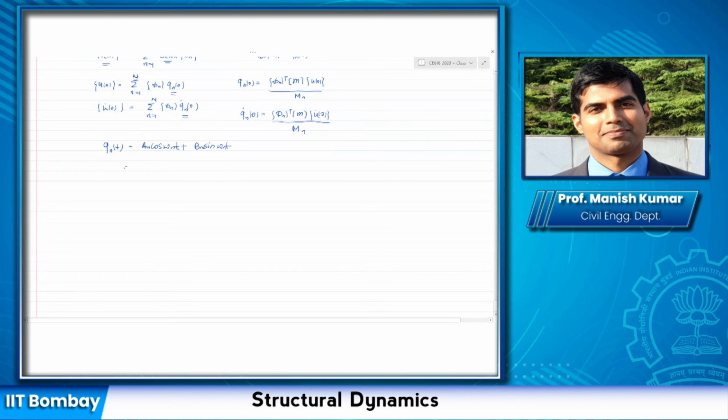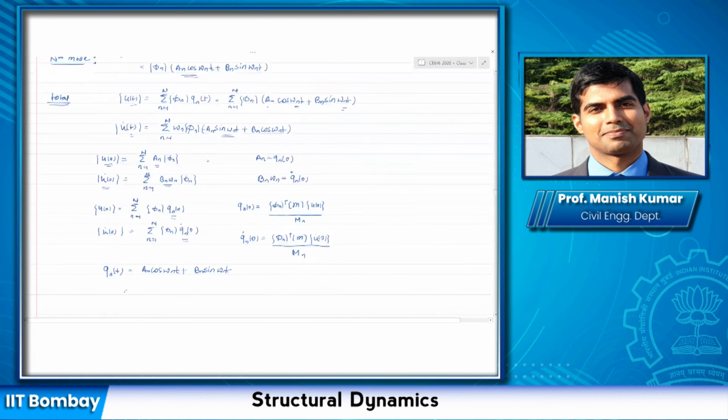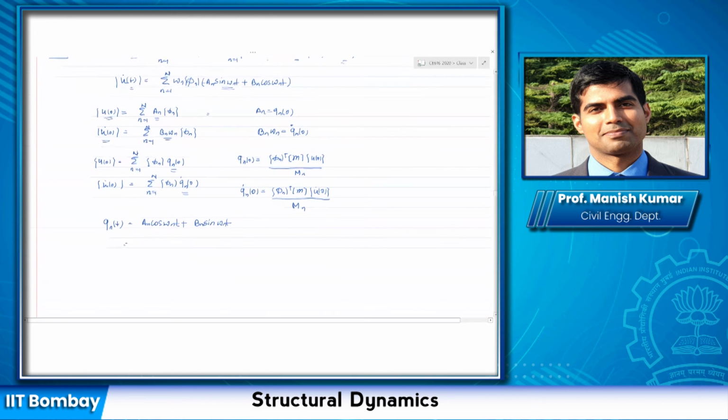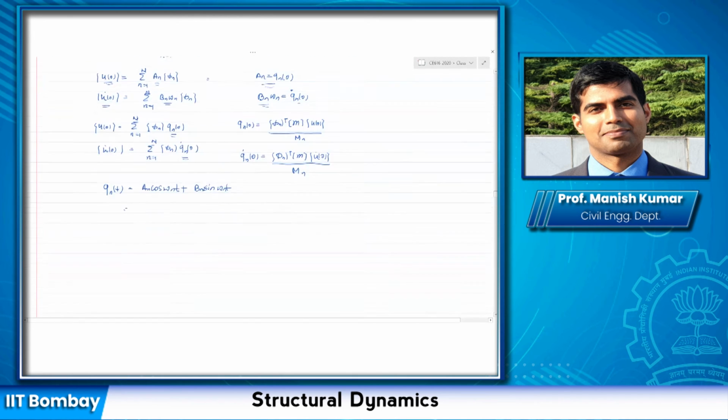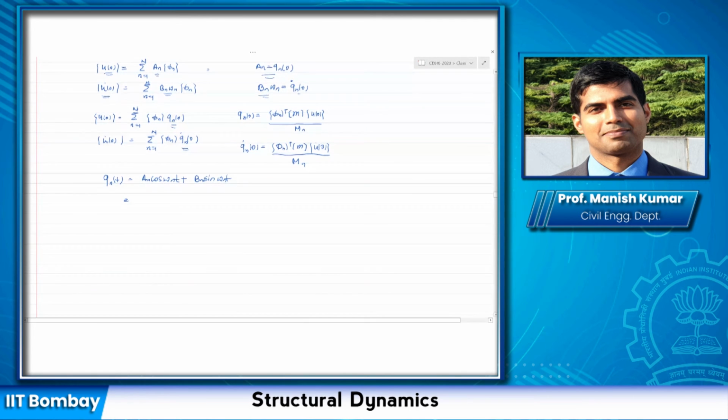Okay, and if I write an and bn in terms of these expressions, remember, an is qn0, bn is qn dot 0 by omega n. So that I can write it as qn0 cos omega nt plus qn dot 0 divided by omega n times sin omega nt.